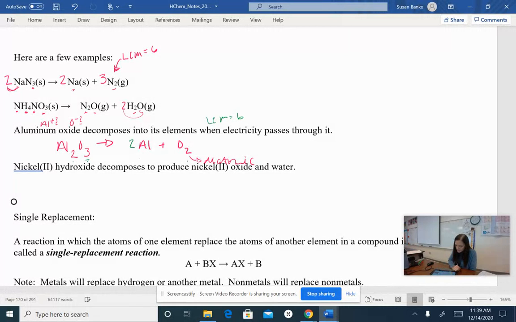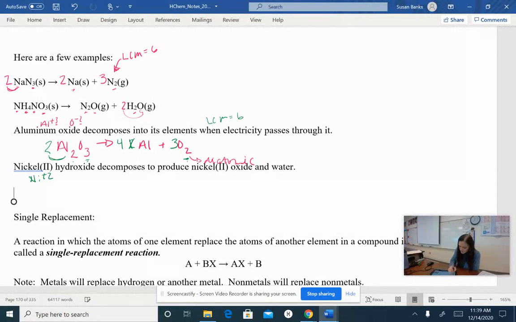So how do I get 6 oxygens? I need to multiply this whole thing by 2. How do I get 6 oxygens here? I need to multiply my whole thing by 3. Notice this 2 is also multiplying my 2 aluminums here. So I don't need 2 aluminums. I need 4. Okay?